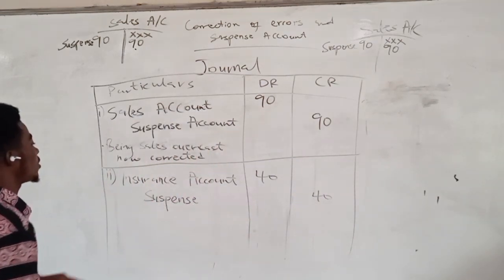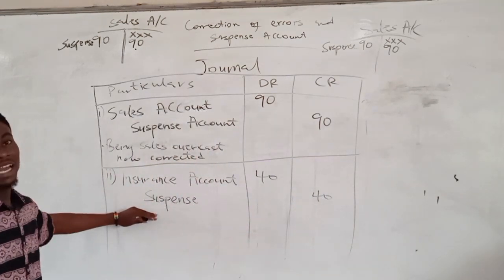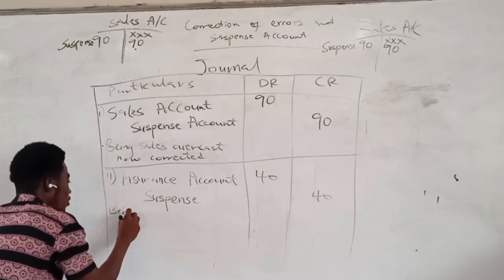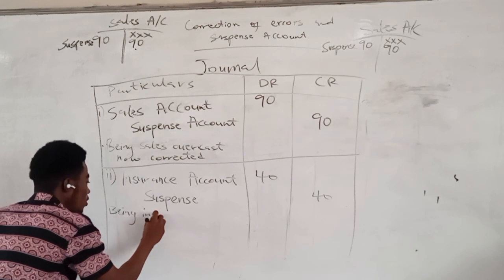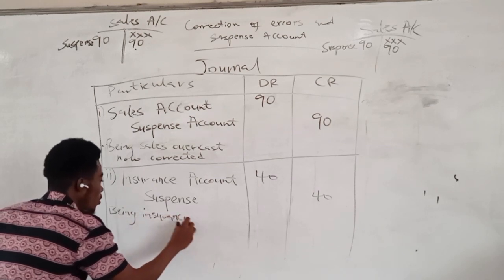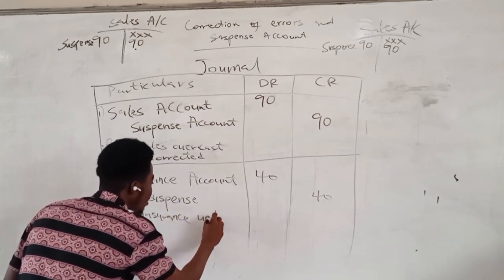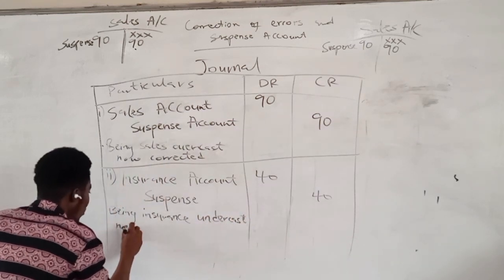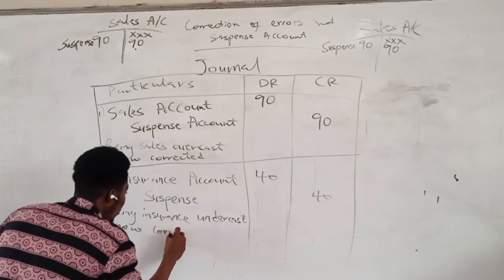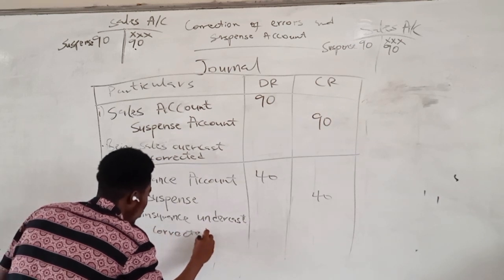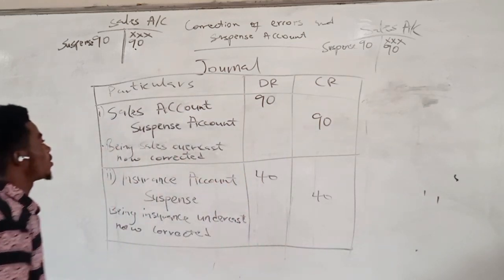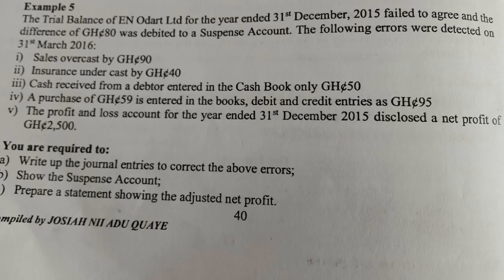What's the narration? Being insurance undercast now correct. And you underline it nice. Okay. So now let's go to the next error.